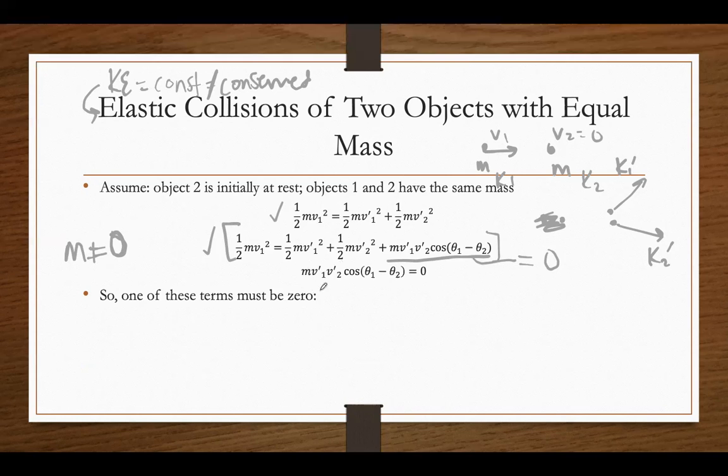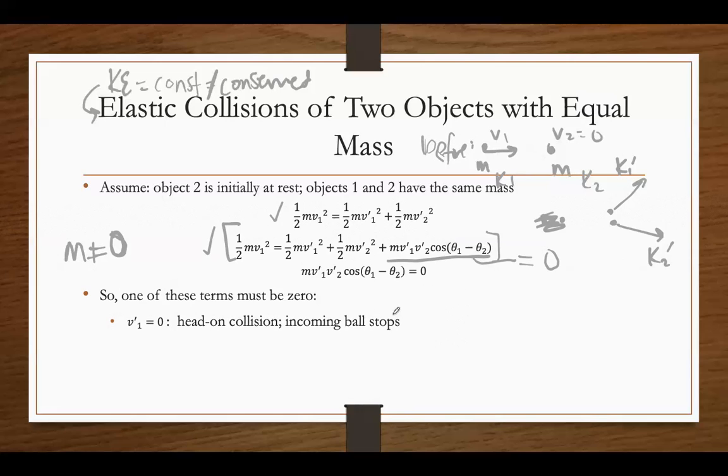If we choose that our v1 prime is 0, this means that there is a head-on collision and that the incoming ball stops. Let me draw that. This is our before image.